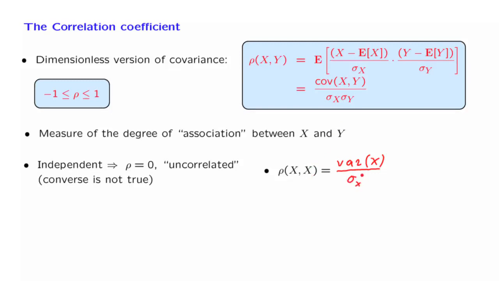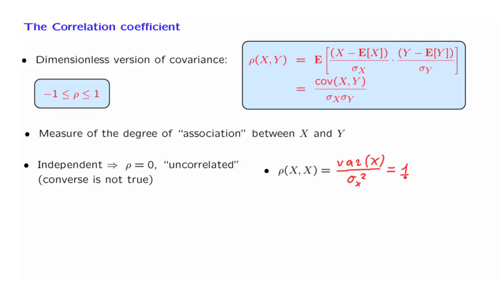So we're dividing by sigma x squared, but the square of the standard deviation is the variance, so we obtain a value of 1. So a correlation coefficient of 1 shows up in such a case of an extreme dependence. If instead we had taken the correlation coefficient of x with the negative of x, in that case we would have obtained a correlation coefficient of -1.